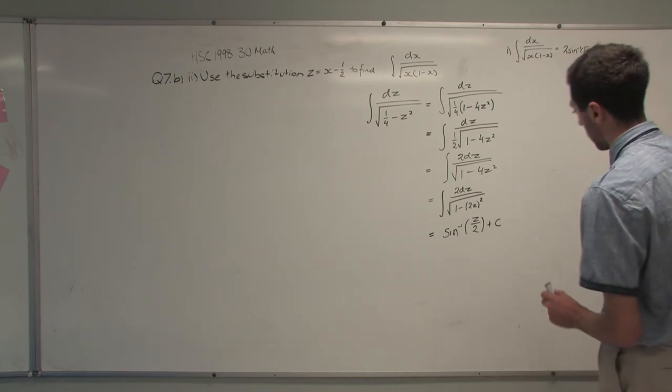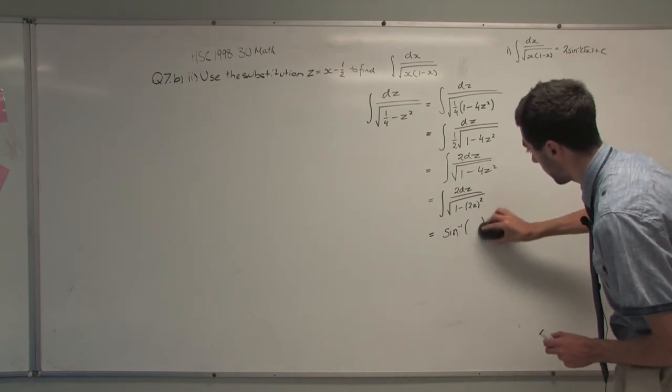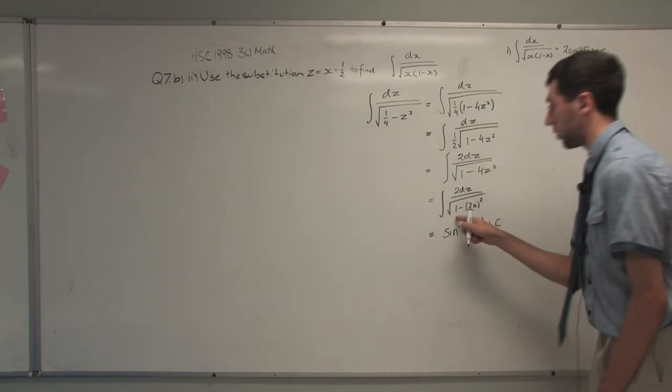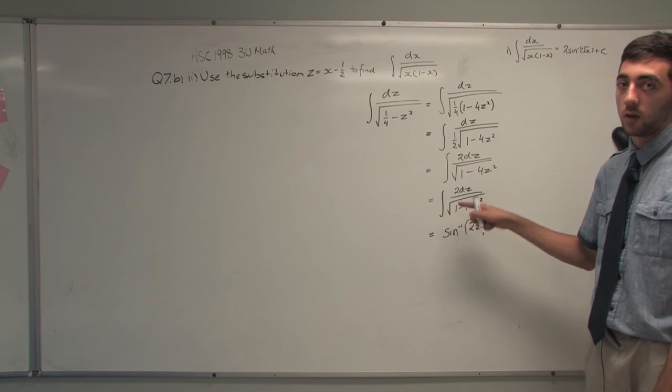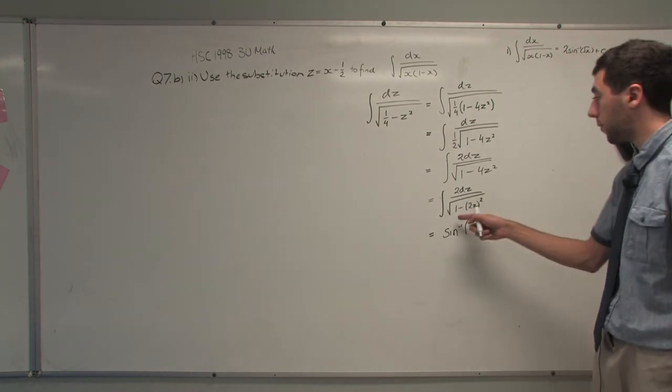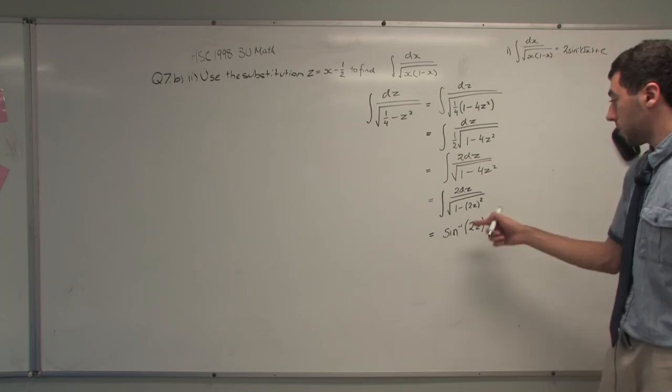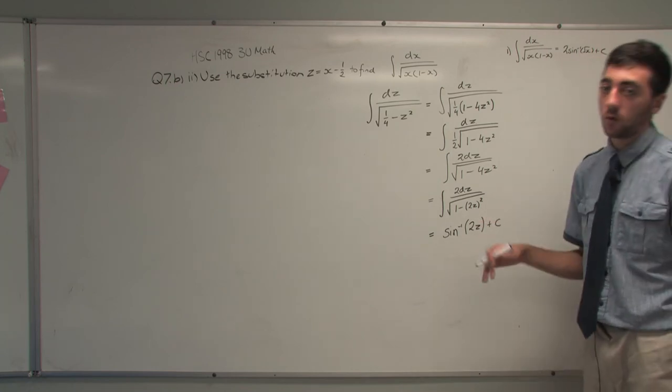And sorry, not z over 2. It's 2z. My apologies. Because it's only 1 for that 1 minus thing. If it was, say, 4 minus 2z squared, then that would be 2z over 2, because the square root of 4 is 2.